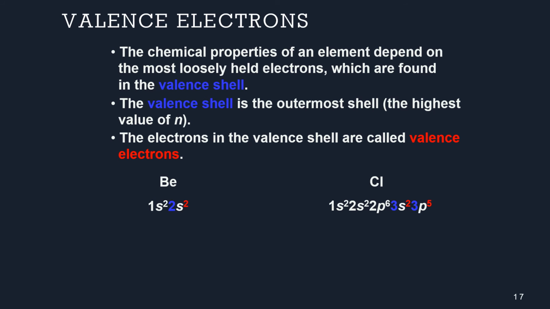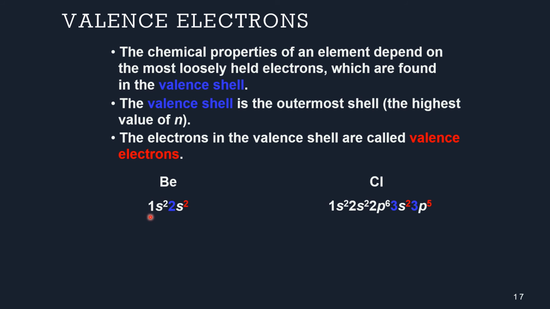All right, let's talk about valence electrons. Valence electrons are those that are found in the valence shell. The valence shell is the outermost shell, or the highest energy shell for our atom. Electrons in the valence shell are called the valence electrons. Looking at beryllium, beryllium has 4 electrons.